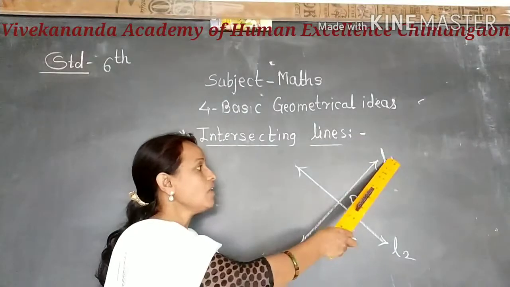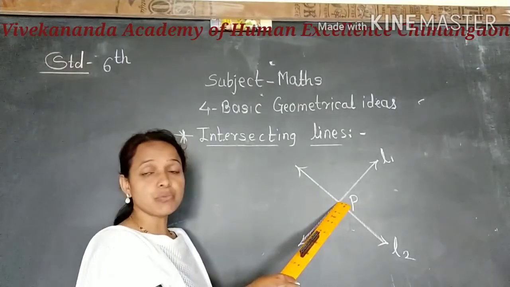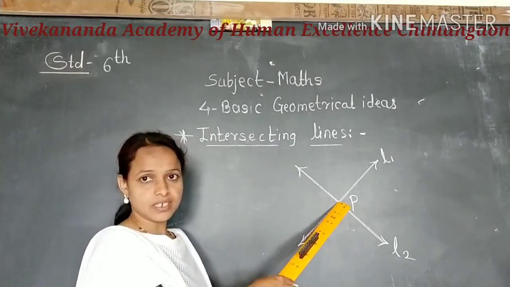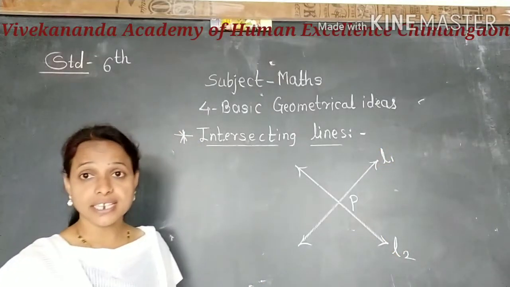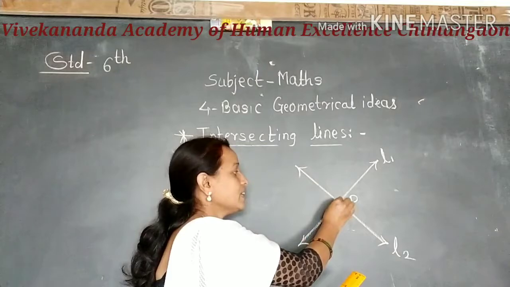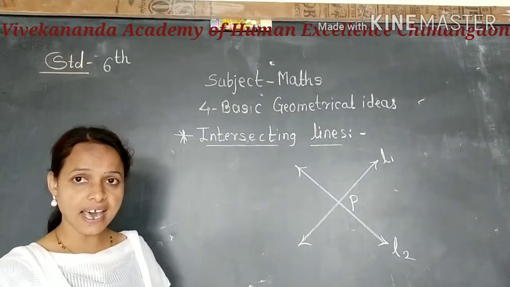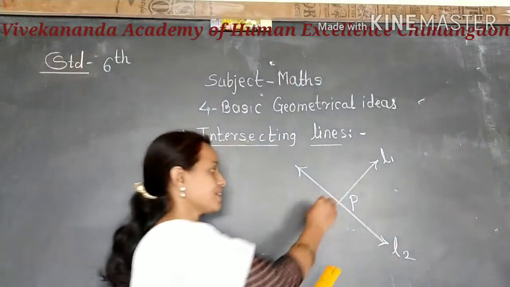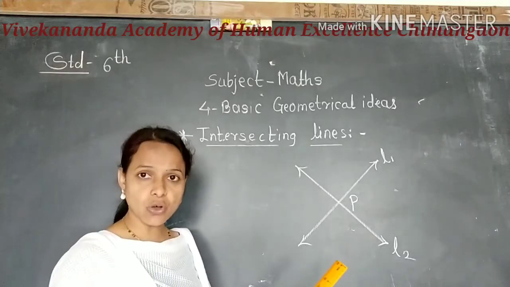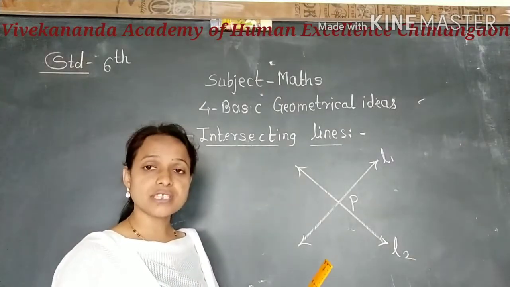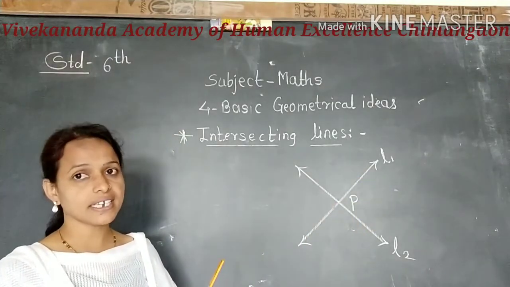The lines L1 and L2 intersect at point P. See, here two lines L1 and L2 intersect at point P. So if two lines have one common point, then we say that these lines are intersecting lines.